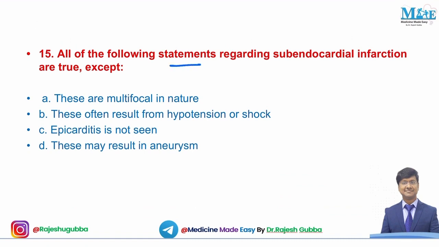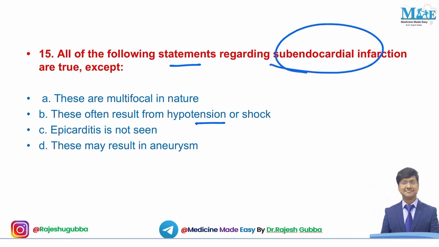All of the following statements regarding subendocardial infarction are true except: these are multifocal in nature, these often result from hypotension or shock, epicarditis is not seen, these may result in the aneurysm.